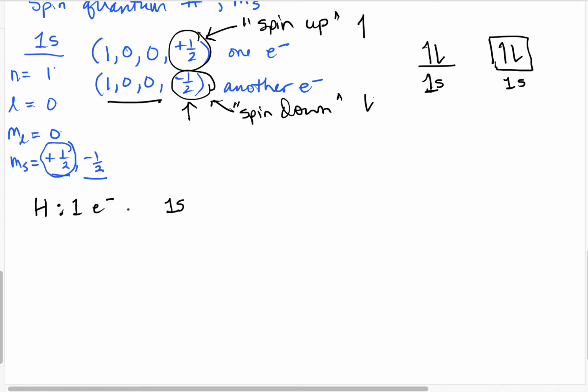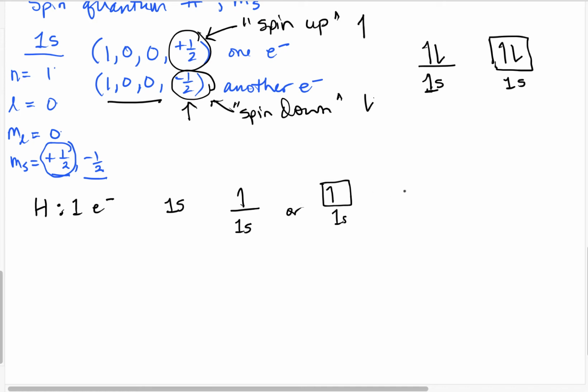And so we would write its electron configuration either as up, down, oops, excuse me, that would be 2 electrons. We will either have a little line for 1s, or we will say, here's my 1s box, and I'll have 1 electron. By default, we put the electron as spin up.